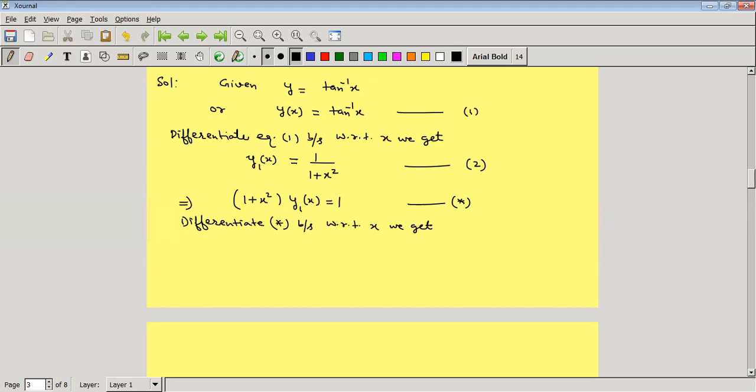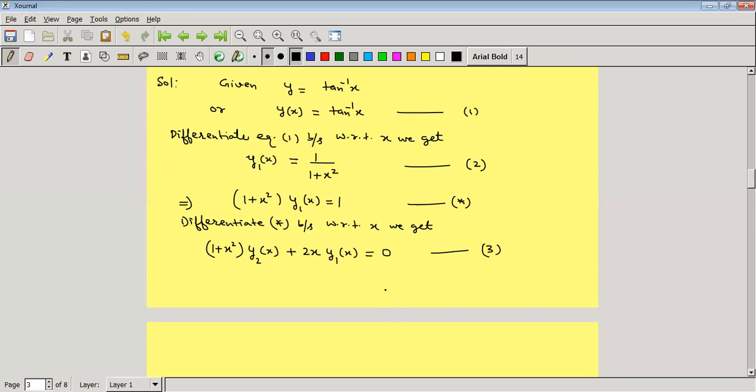We can take 1 plus x square to be the first function and y1(x) to be the second function. So we write 1 plus x square into y2(x), plus derivative of 1 plus x square, which is 2x, into y1(x), is equal to 0, because the derivative of a constant is 0. Let this be equation number 3.